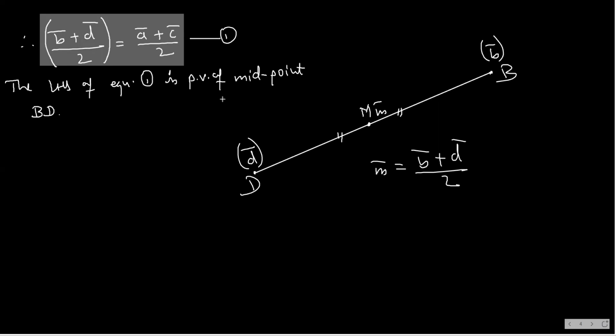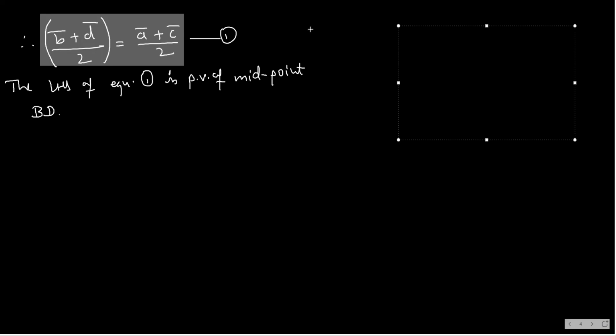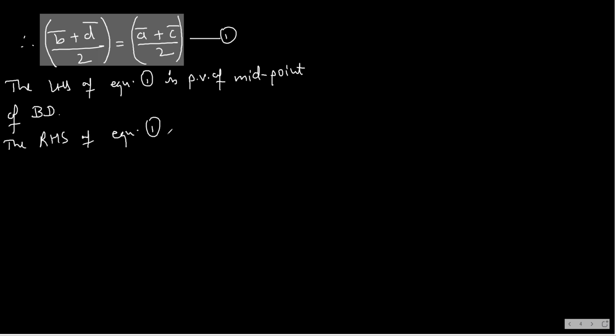So what I will write? I have written the left hand side of equation 1 is the position vector of the midpoint of BD. Similarly, look at the right hand side. The RHS of equation 1 is the position vector of the midpoint of AC.